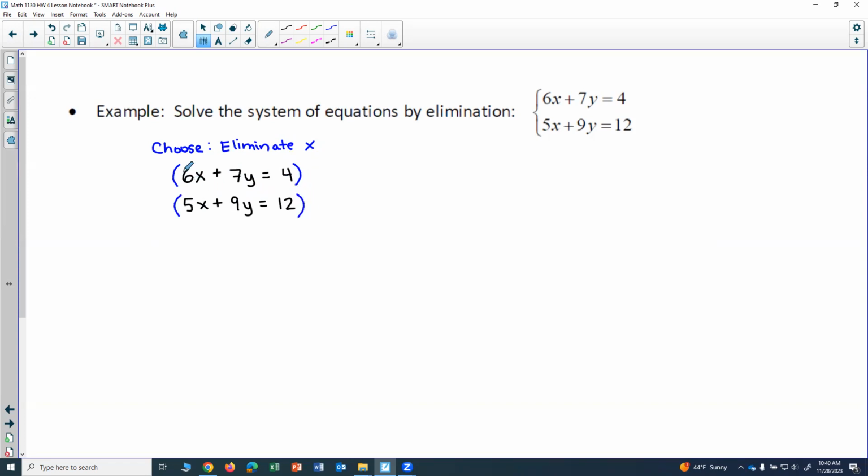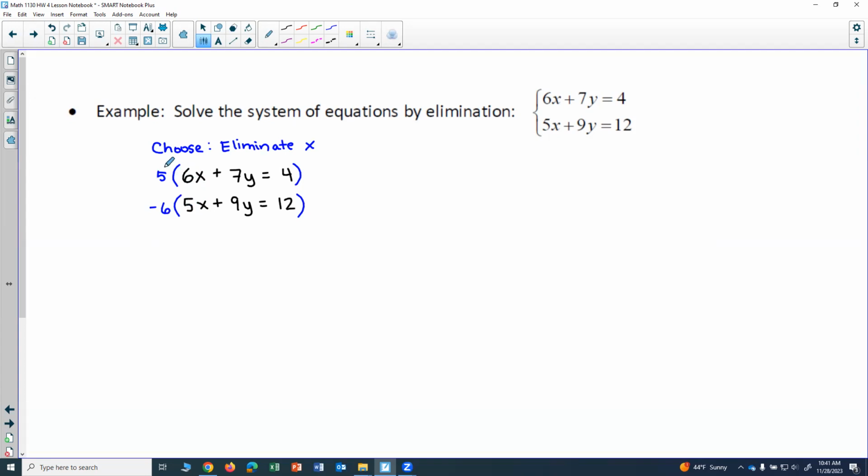Now I want to get the same coefficient on the first equation in front of the x as I have on the second equation in front of the x, except I want opposite signs. So if I multiply the first equation by 5 and the second equation by -6, when I distribute, that will give me a positive 30x for the first equation and a negative 30x for the second equation.